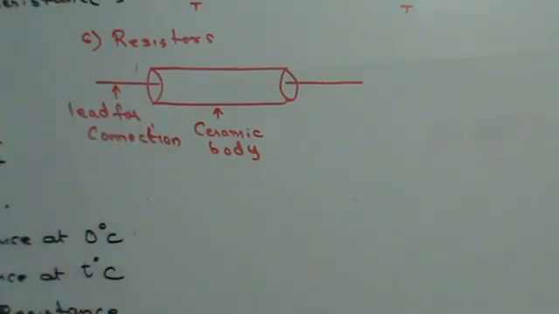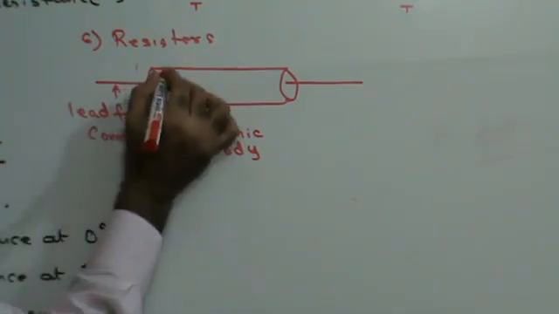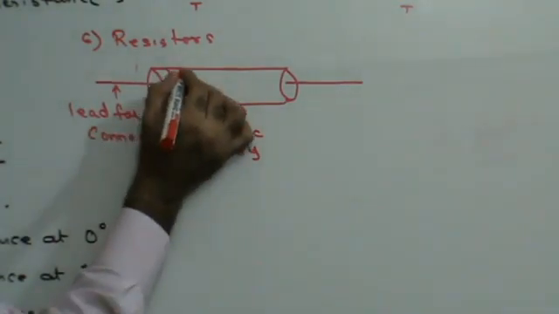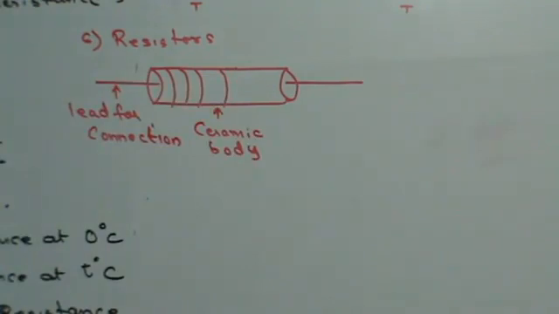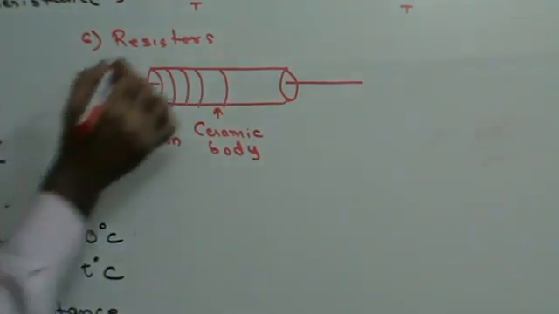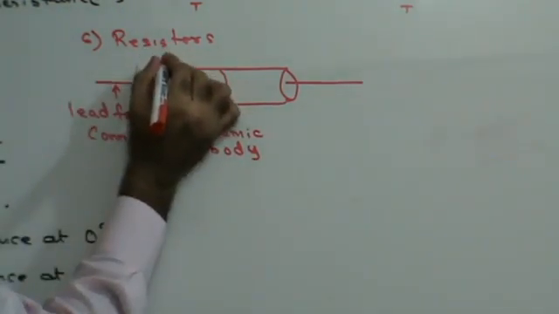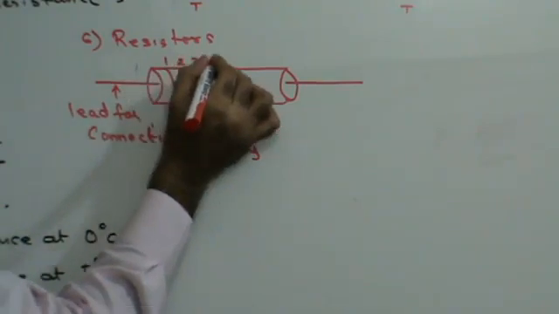Now, if this is what a resistor looks like, how do I find out what will be its resistance? In order to enable an individual to find out its resistance, there are 4 bands on it. This is the first, second, third and fourth.